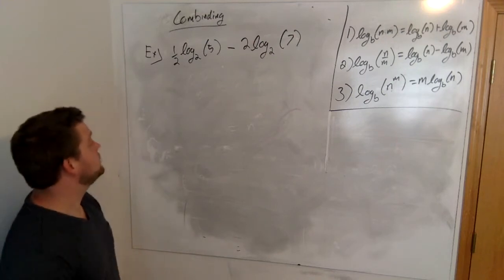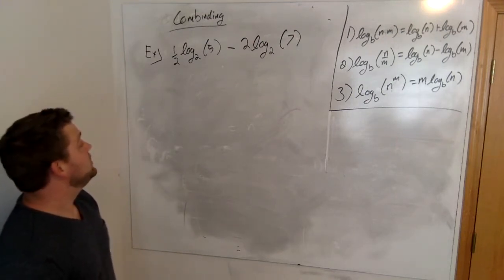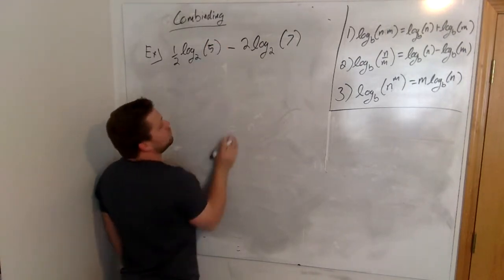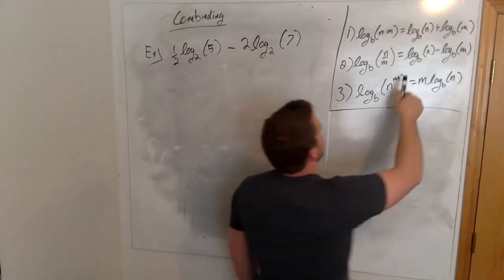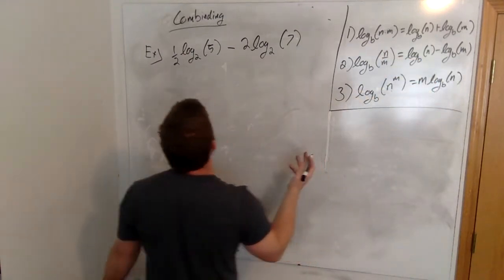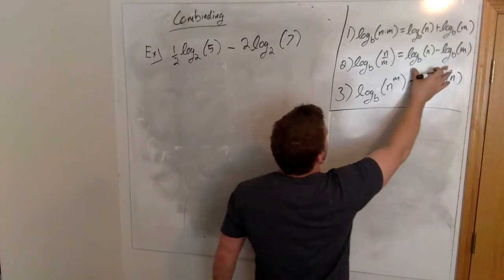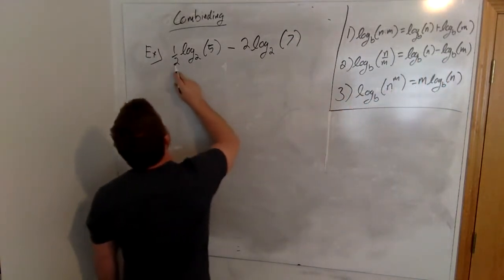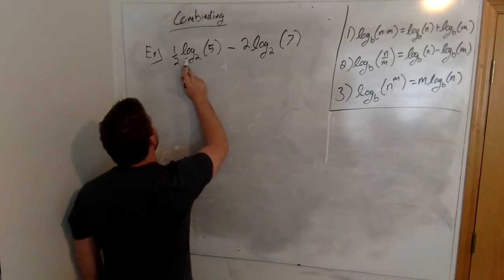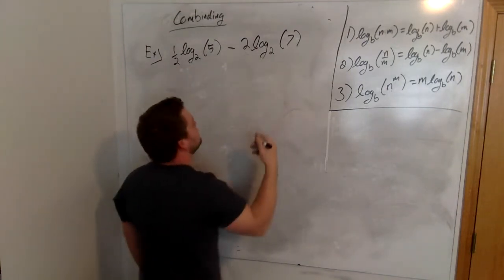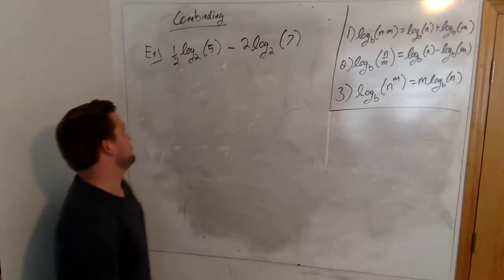Okay, let's do it. What you might be tempted to do first is use log rule 2. Here it's saying that subtraction corresponds to division. However, be careful that log rule 2 only works if the coefficients in front of the logs are 1. So notice here the coefficient in front of this log base 2 is 1/2. For this log base 2, the coefficient is 2. I have to use log rule 3 first.